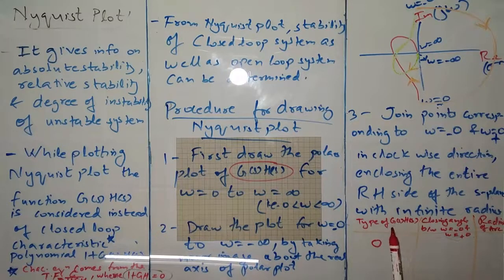For example, if G(s)H(s) came out to be 1/(s(s+1)), we have a term s to the power 1, so the type of the system is 1. Had this power been 2, this would have been a type 2 system. If this power was 0, which means this term was absent, this is a type 0 system.